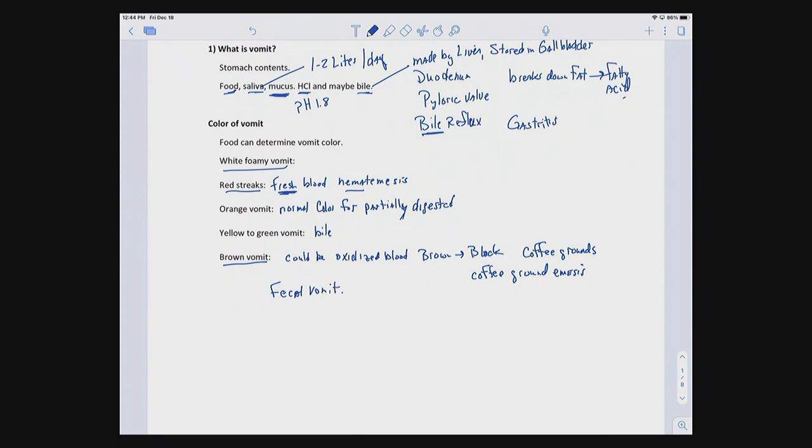And it is exactly as the name implies. You're literally vomiting fecal matter out your mouth. It goes by several names. Again, fecal vomit be one. Another would be copremesis, another medical term for that.